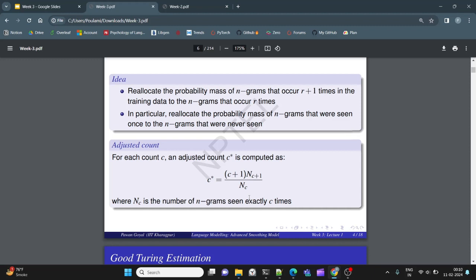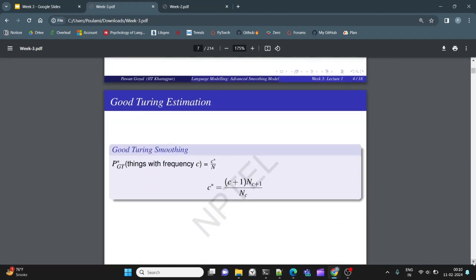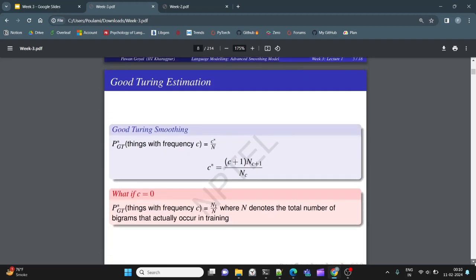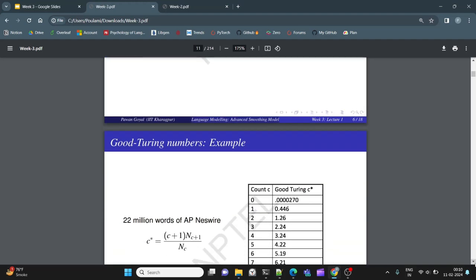Using this we can calculate the probability or the count of something that has never occurred before, just by reallocating the probability mass from things that have happened only once. So this was good Turing estimation.